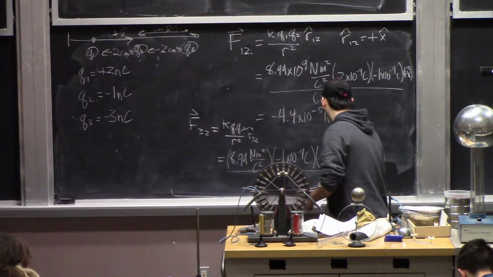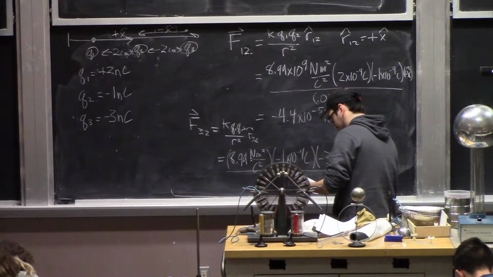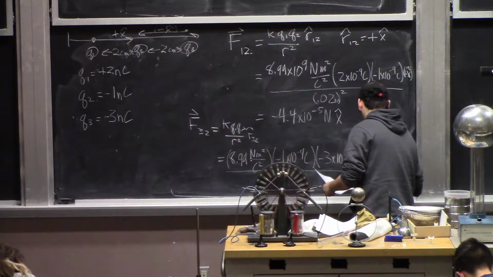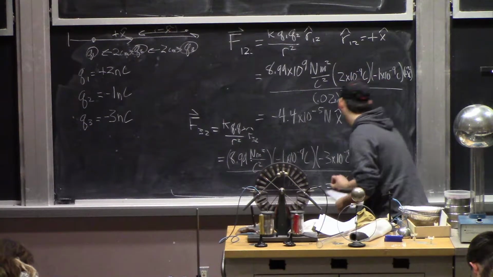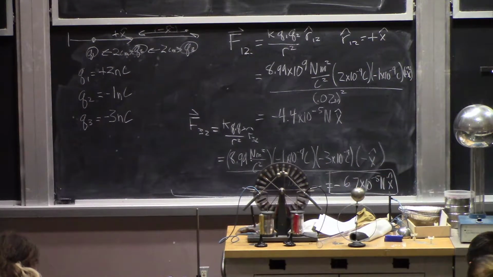And this is going to give me an answer of negative 6.7 times 10 to the negative 5 newtons in the x hat direction. And again, I can see that my directions worked out naturally when I use method 2.